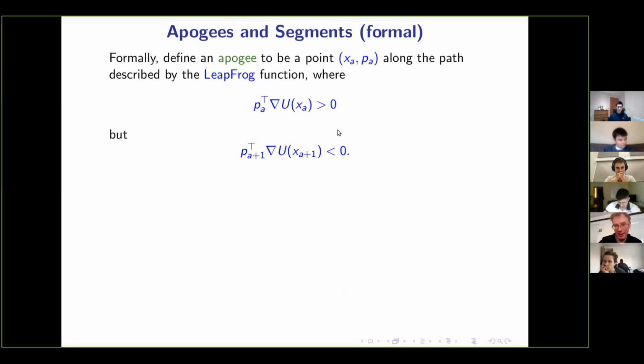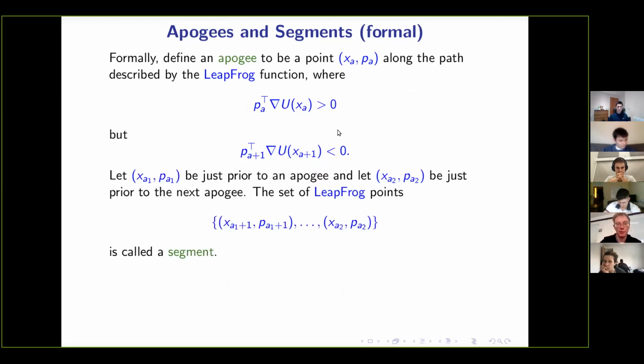So if you have two of those points, X_A1 and X_A2, where that's happened, then the segment is from when it starts going downhill, A1 plus 1, to the final point where it's uphill before it starts going downhill again. So this is just the maths for exactly what I showed you in the picture.